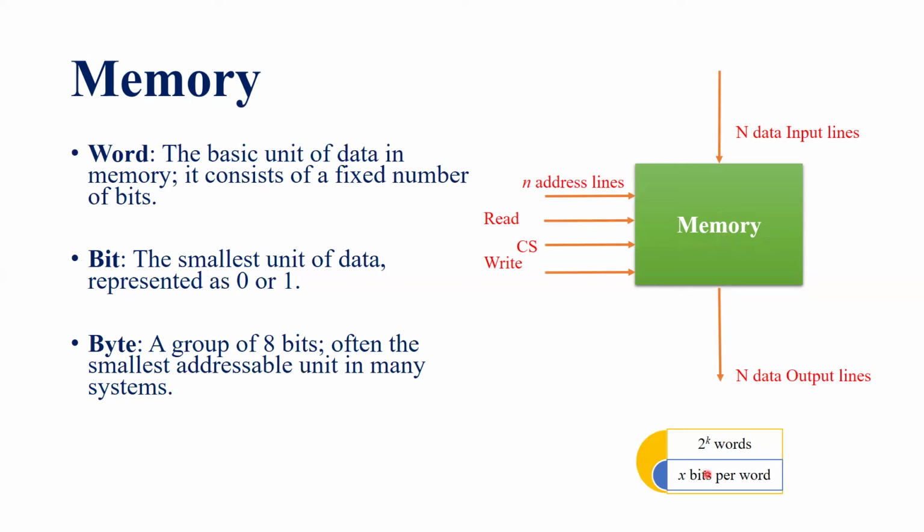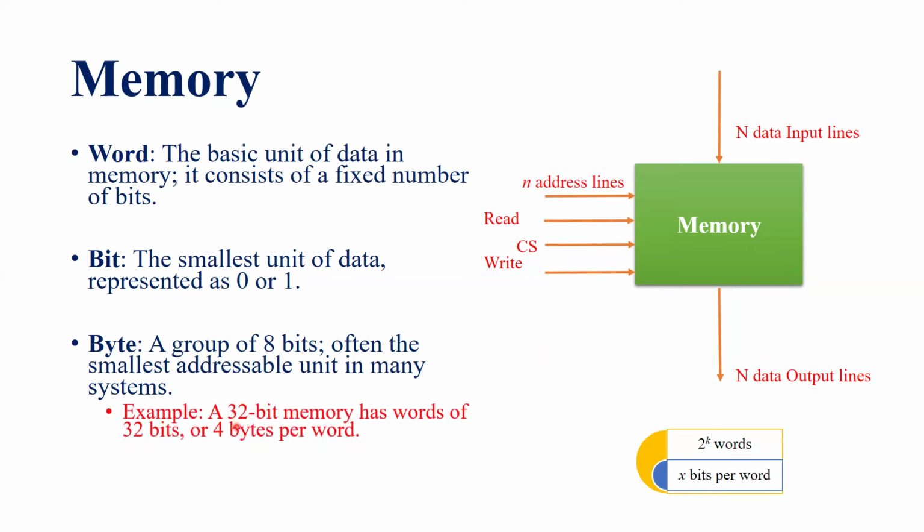So there are 2 to the power k words stored inside the memory, or k number of locations, or n number of locations. And in each word, you have x bits per word. So if you have n number of address lines, you can say 2 to the power k words are stored inside the memory.